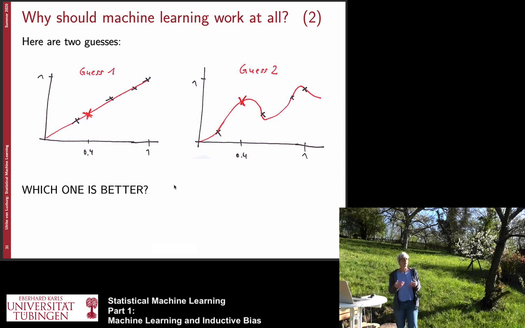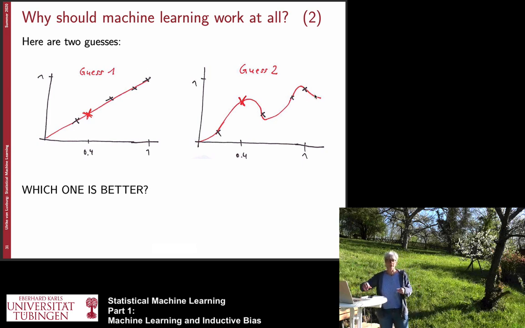Now, you could also come up with other conclusions. And here are 2 examples. The first guess, the one I've just explained to you, is that these data points have been generated by a linear function, this red line. The red line is a good fit to your existing data, and then you can use this red line to predict a new value for the point you're interested in, 0.4. It could also be the case what you see here on the right hand side.